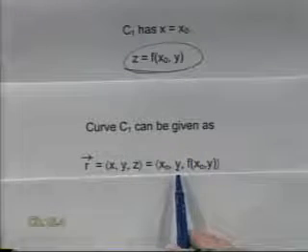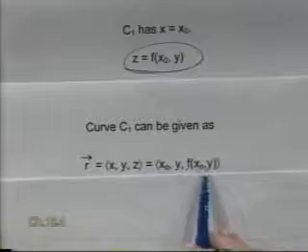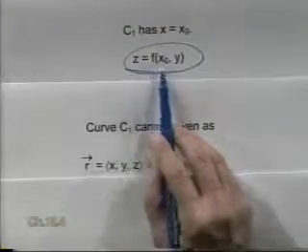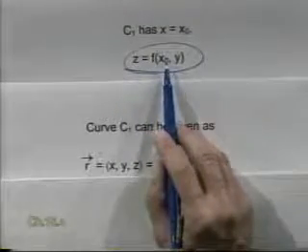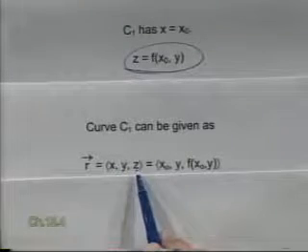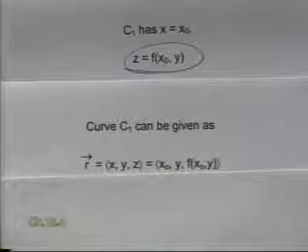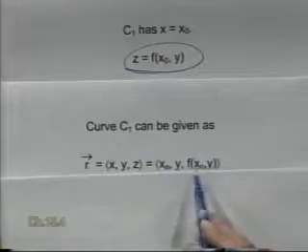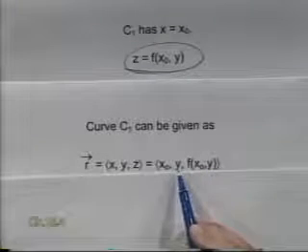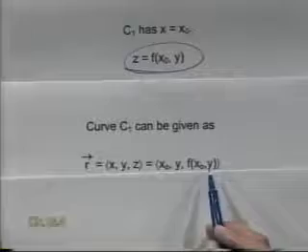And I can choose y, but if I choose my y-coordinate, then my z-coordinate is already picked with the equation z equals f of x naught, y. So I can write my curve C1 as x, y, z is equal to x naught, comma, y, comma, f of x naught, y. And you can think of this as a parametric form if you want, because your parameter is y. You choose y, and the point on the curve is determined.